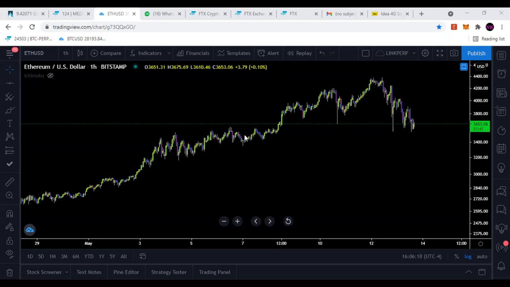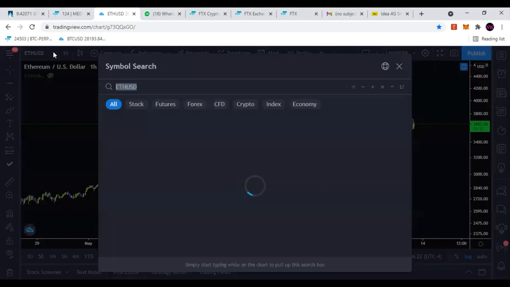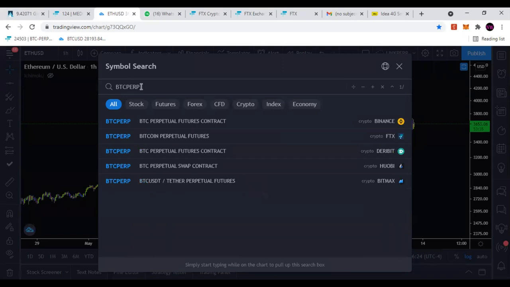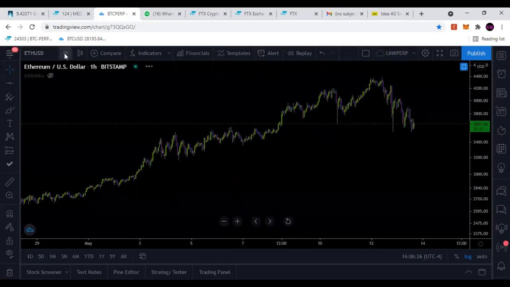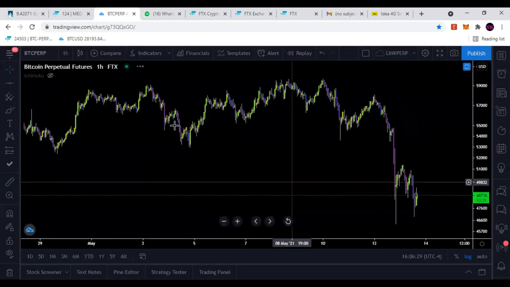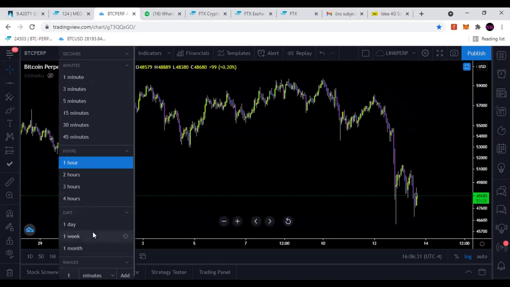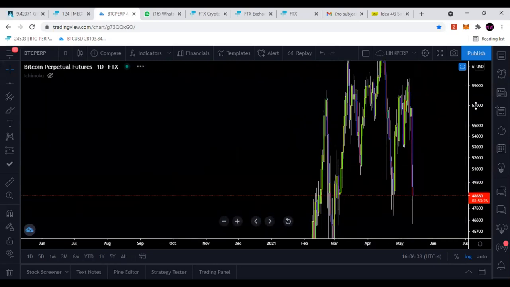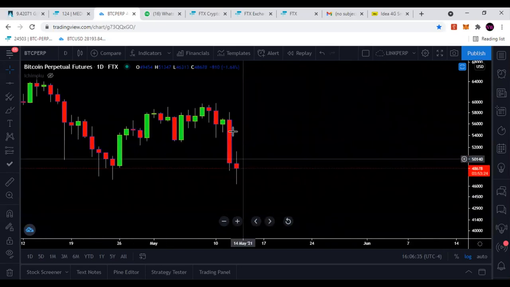Let me go back to BTC perp. If you use the 1 hour time frame, you can see how this red candlestick is.